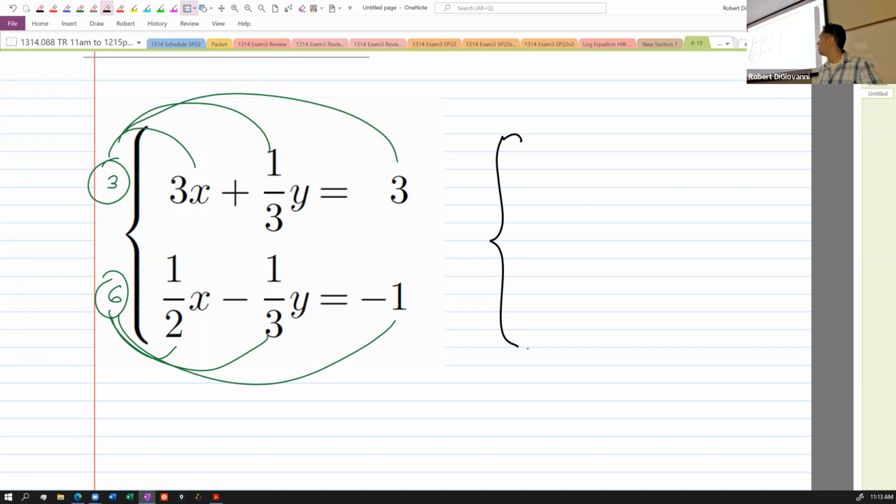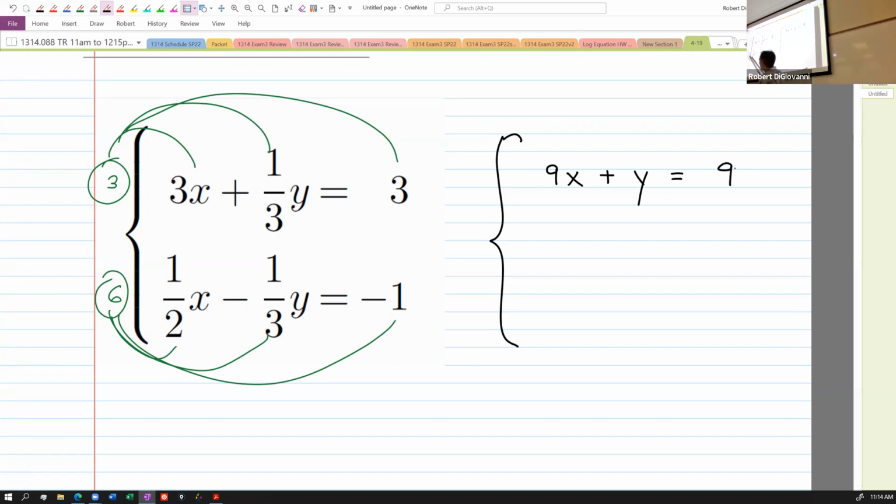What's our first equation become? 9x plus, well, it's 3. The 3 comes and hits the 1/3, and the 3's cancel, so you're just left with y, aren't you? That's the whole point, is to try and get rid of that fraction. So we have y there, and then equals what? 9, good.